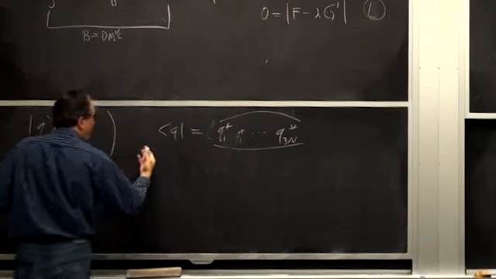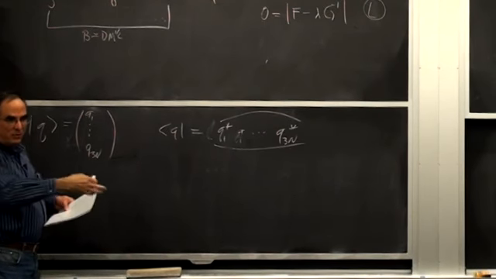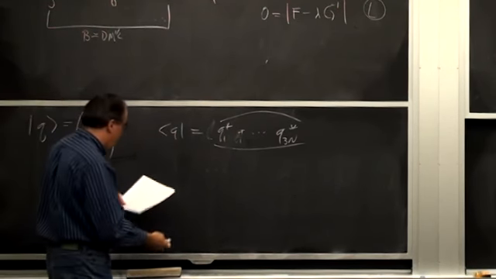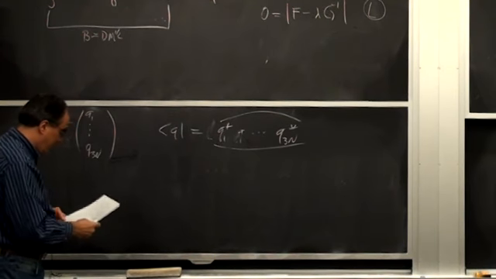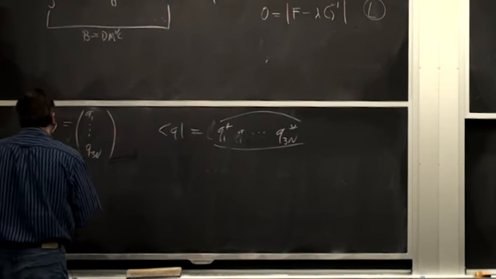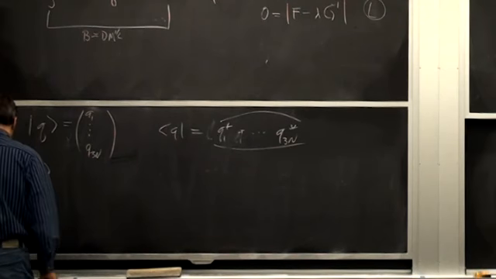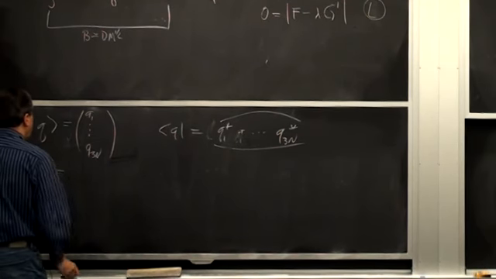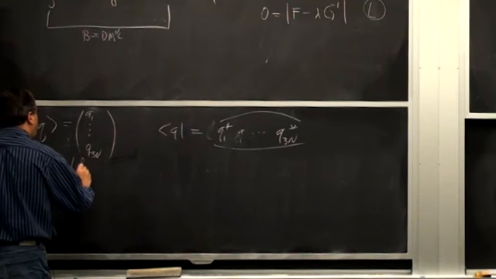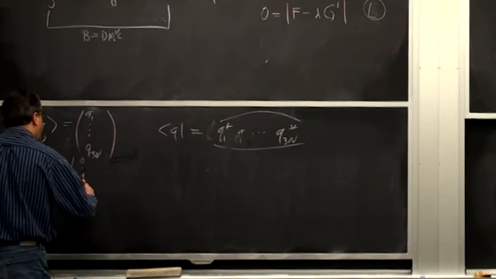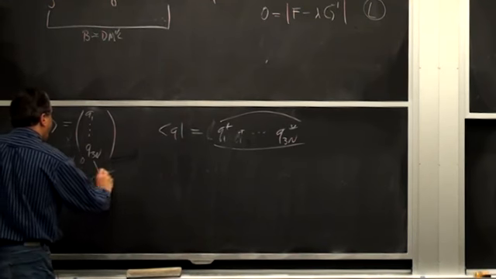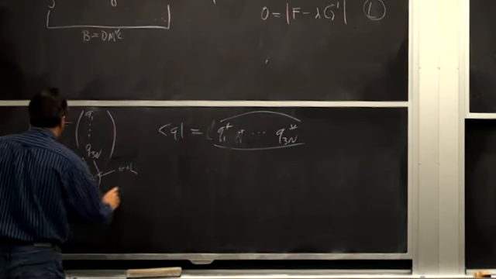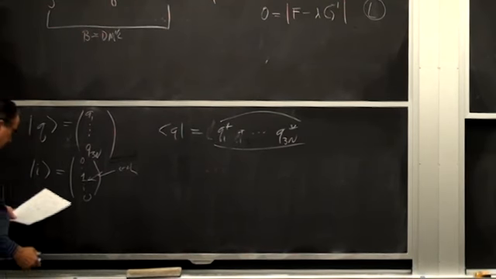Everything we know how to do with bras and kets, we're just going to be symbolically representing as matrix multiplications. Suppose we want a unit vector, and that unit vector will have a one in the ith position.